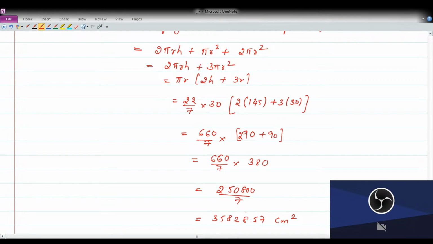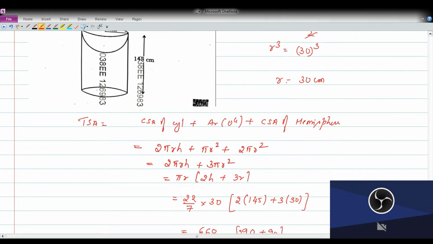It is quite lengthy, so just go through this once. First I have taken CSA of cylinder, then I added the area of the base, and then the hemisphere. So I took pi r as a common factor. pi r square plus 2 pi r square is 3 pi r square.